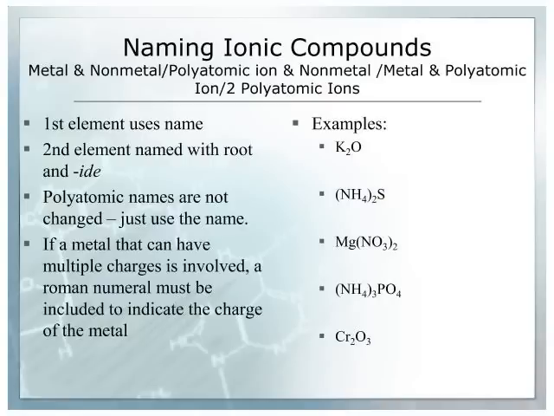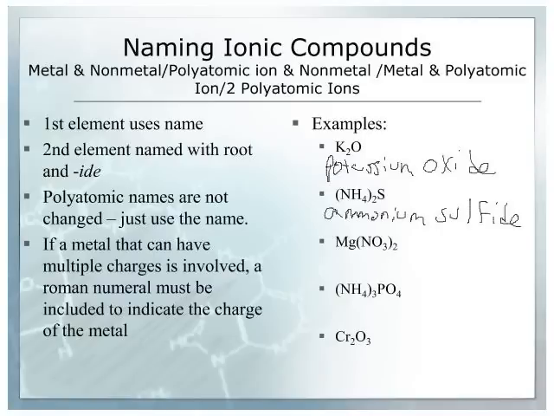So we have K2O, so K is potassium, and O is oxygen, so we say oxide. The charges on the periodic table tell us how many we have in the formula, so you don't have to specify any of that. NH4, when we look that up, is ammonium. And then S is sulfur, so we change that ending to ide. So we have sulfide.